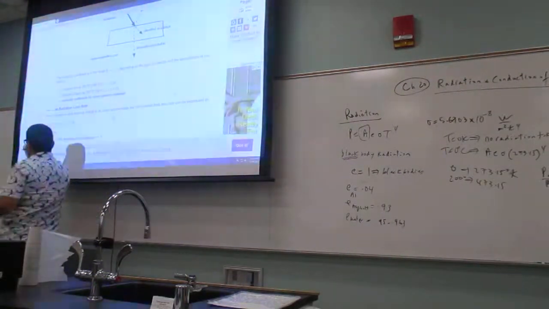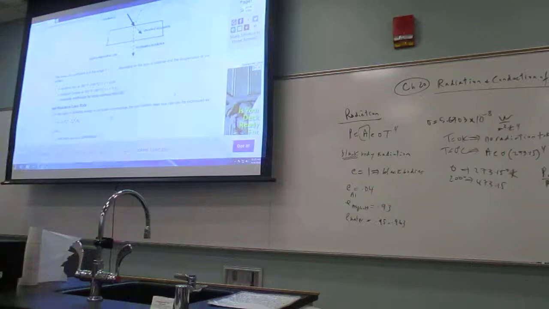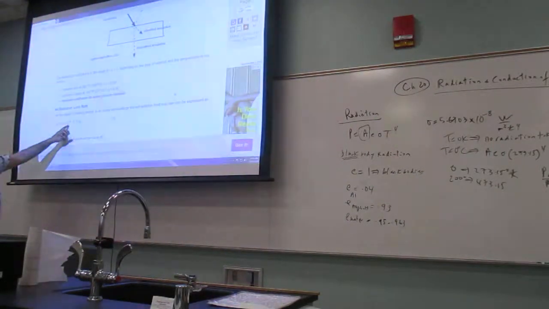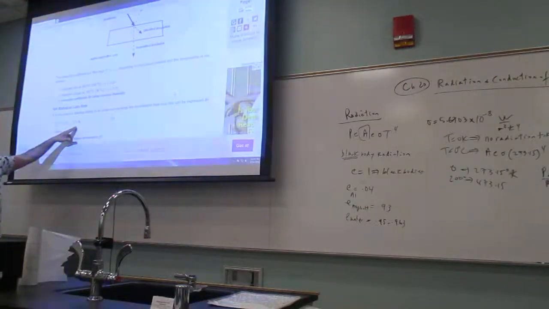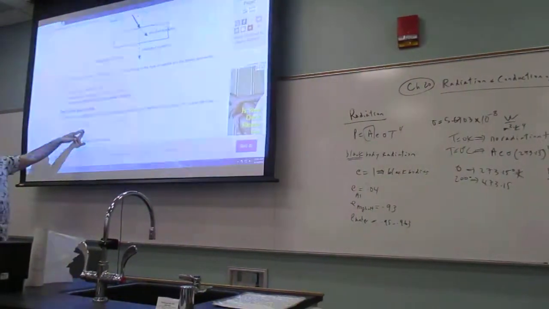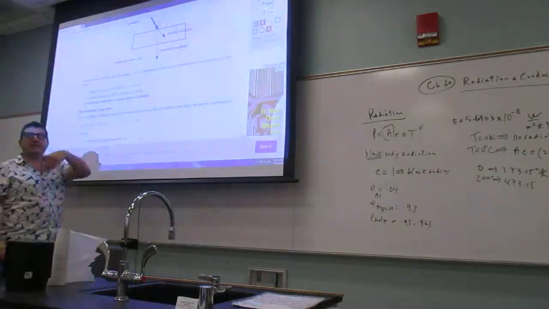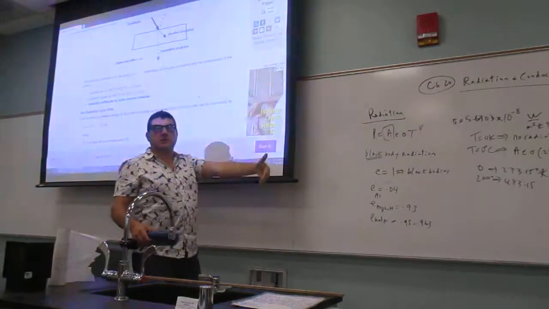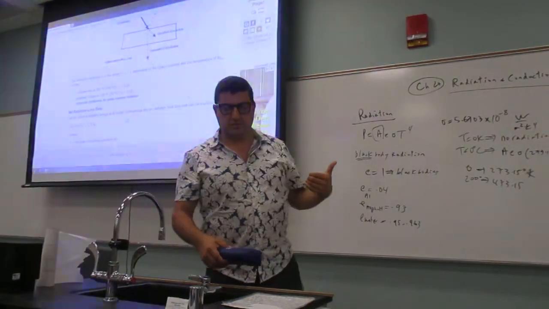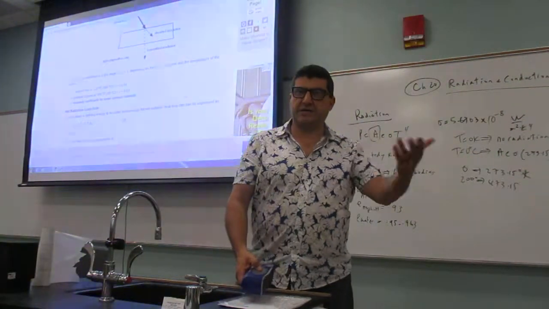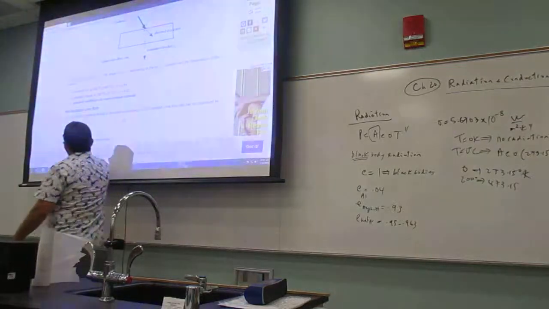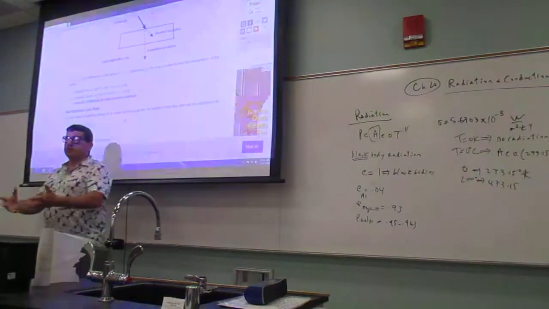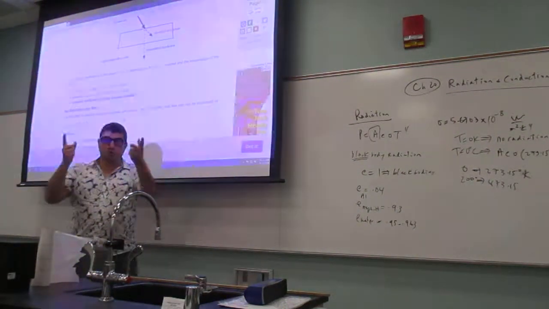Okay, now we talk about not only how much energy you radiate, but how much energy you absorb from your surroundings, you see. So you're constantly radiating to your surroundings and absorbing from the surroundings, depending on if you're a black body or a non-black body. If you're a black body, the emissivity is 1, so that means you're a good radiator and you're a good absorber.